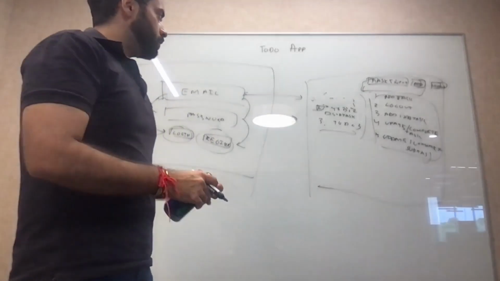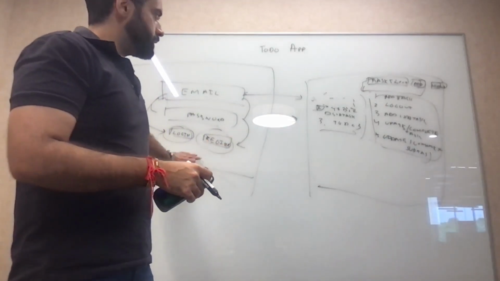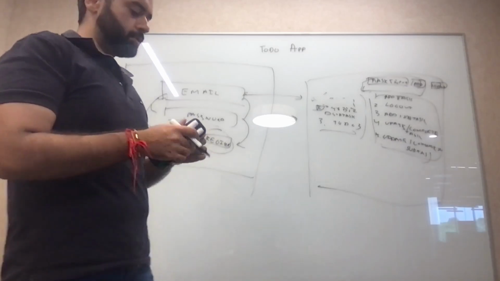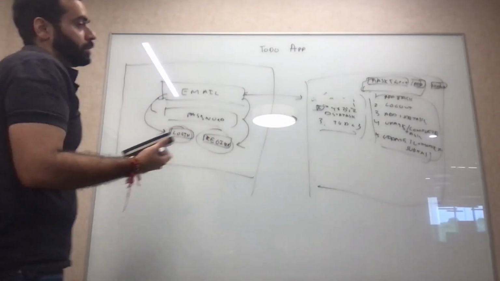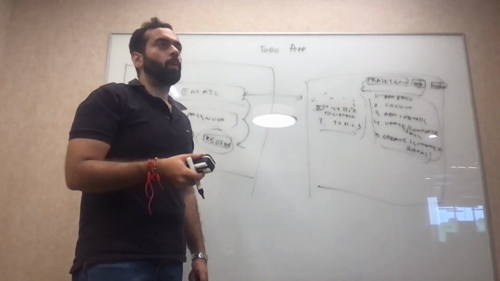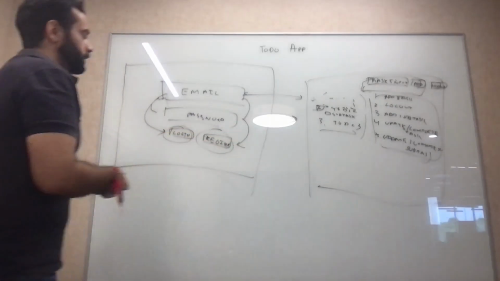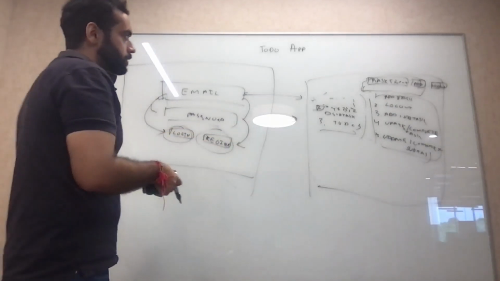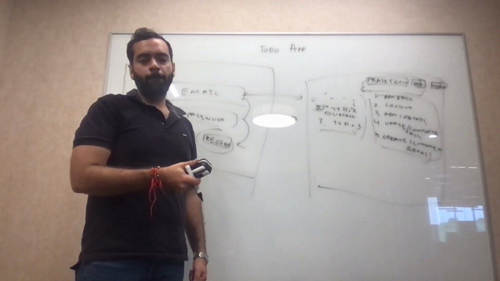Okay. So with this in place, what is the next thing which we should keep in mind, or one of the things which will be an important thing to know? We need to know the database schema.